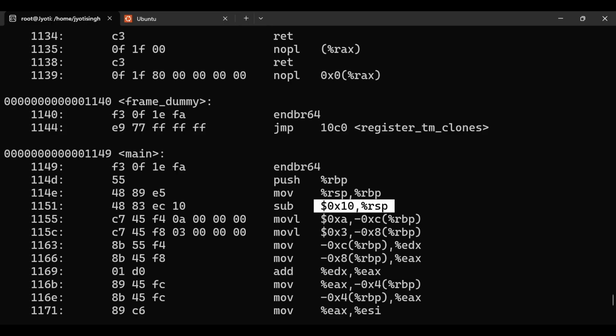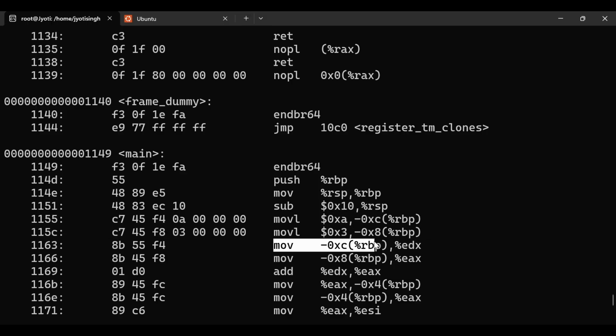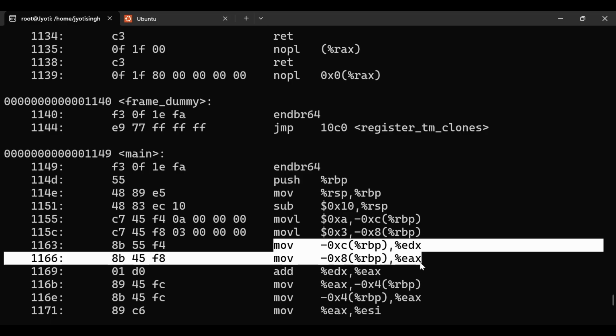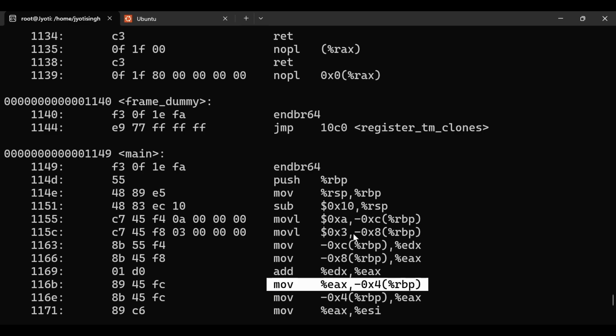So here memory is allocated, and then we have assigned the values. Then we have moved those into particular registers, DX and AX, and then performed the arithmetic operation, moving the memory into the registers. After performing the operations, we have stored the result at the address of C, 4 bytes less. 8 minus 4, that is 4.